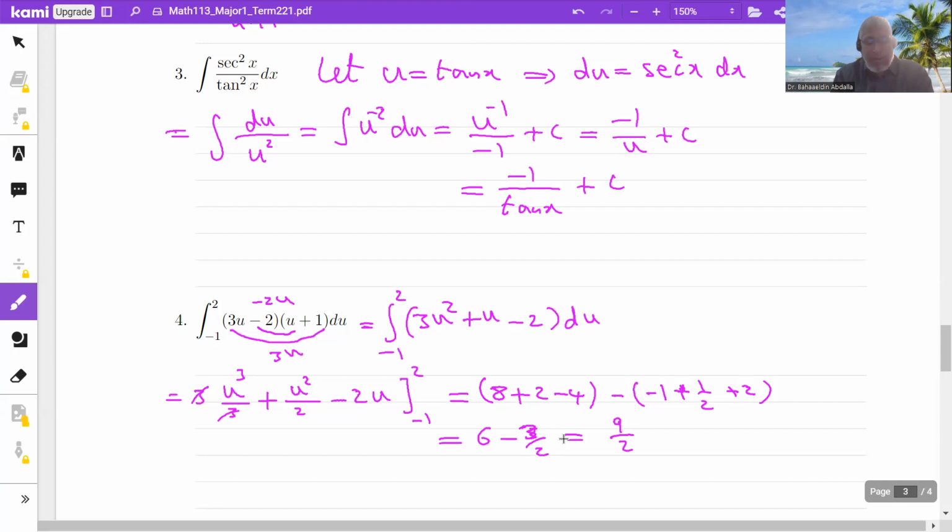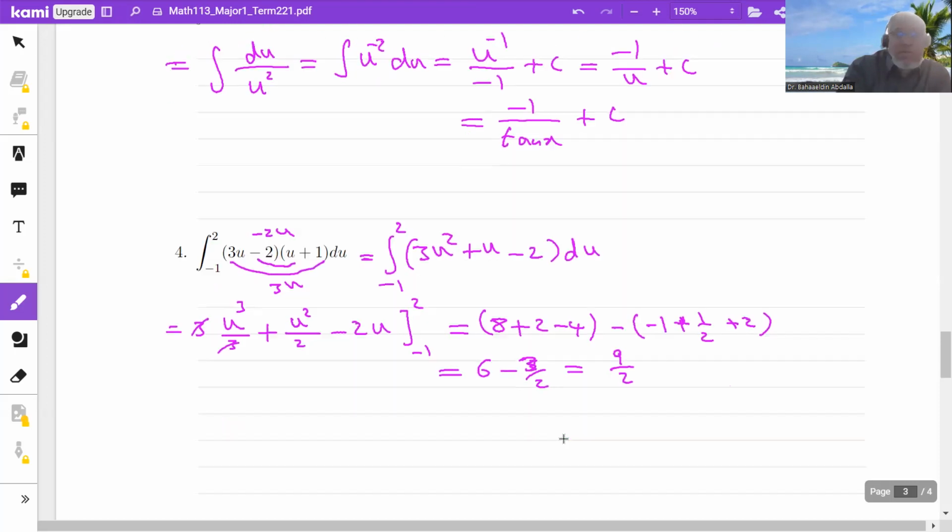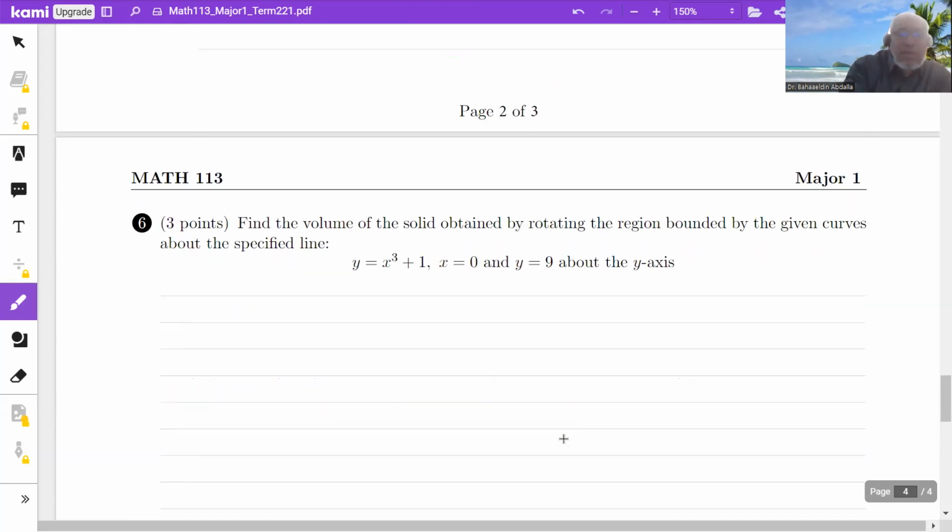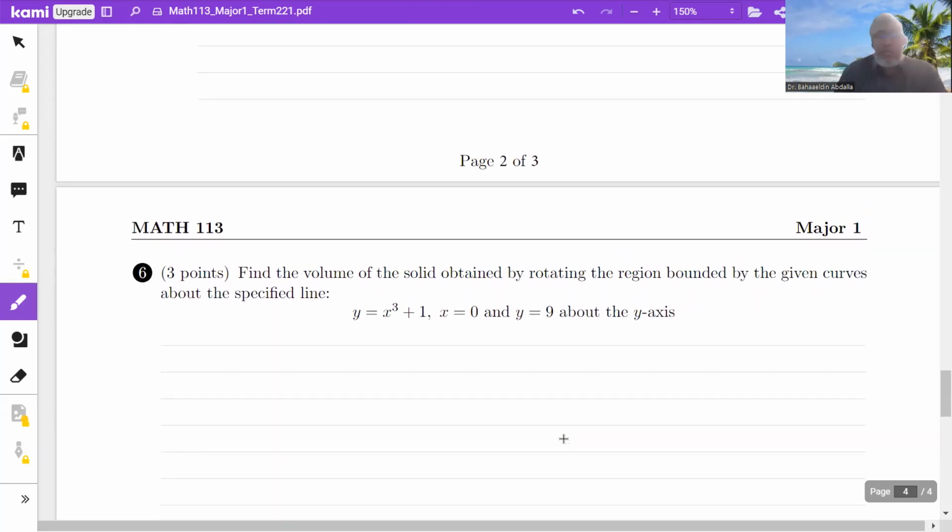Maybe I did a mistake or not. I need to check. Okay, from negative 1 to 2. The answer is 9 over 2, so that's correct. So you always can check the definite integral, but you have to write all the steps.